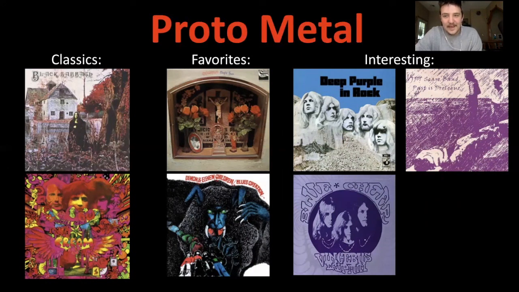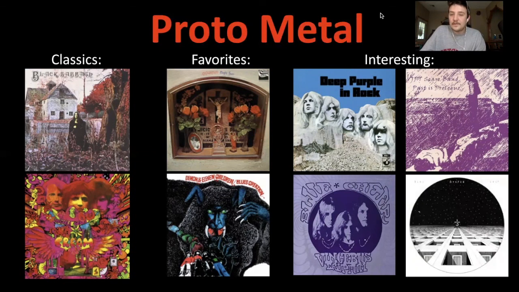So they have that proto metal sound, but the stuff was released so much later that it's kind of weird. It's like, why did this album come out in the 90s and sound like it came out in 1969? That's JPT Scare Band, and this is my favorite by them. It's very doomy and it rocks. If you want that sound of proto metal, it's very worthy of being checked out.